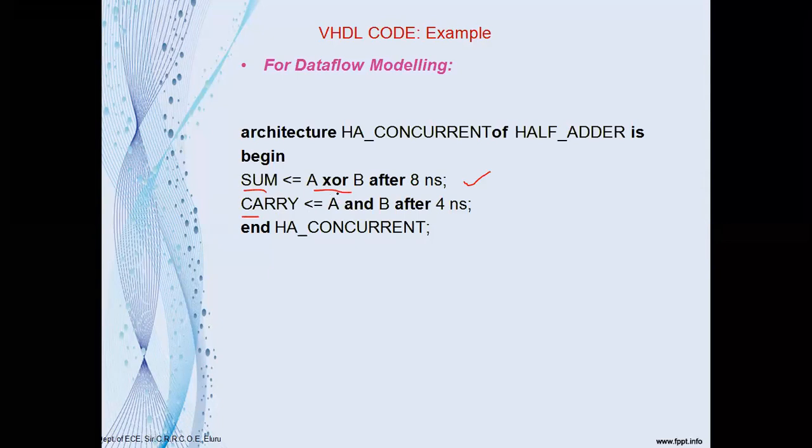The sum is realized with an expression of the XOR gate. You know the logical expression for an XOR gate: A bar B plus A B bar. The entire logic function can be simply implemented with a single gate, so that's why we have directly considered this XOR gate here.